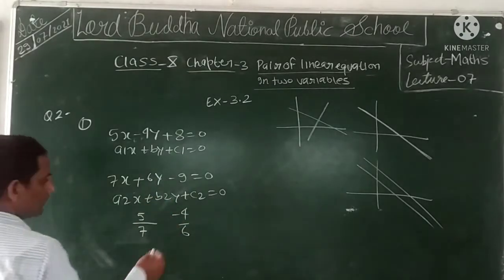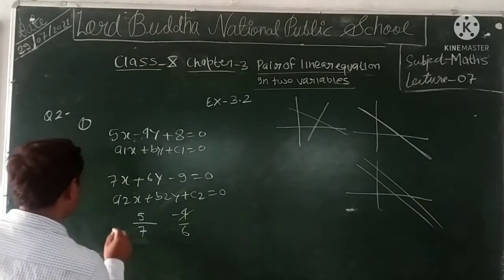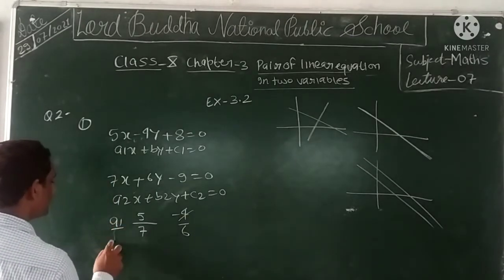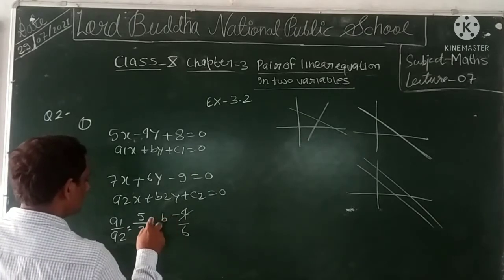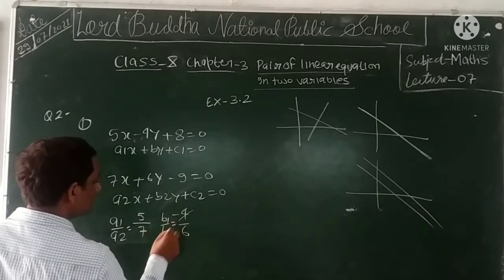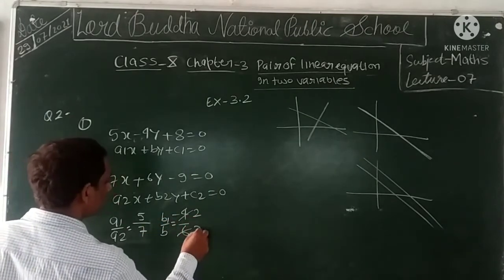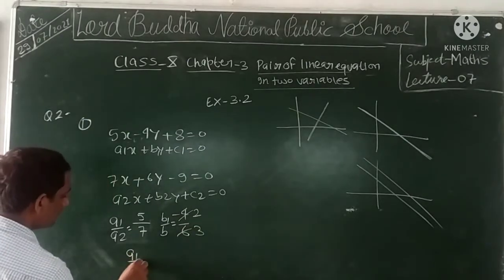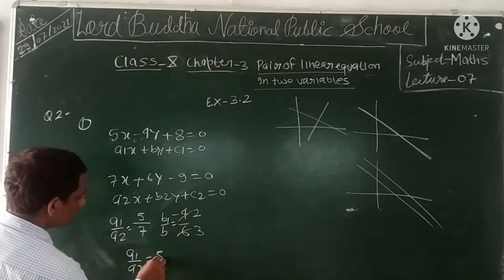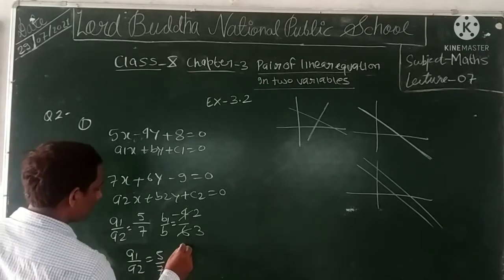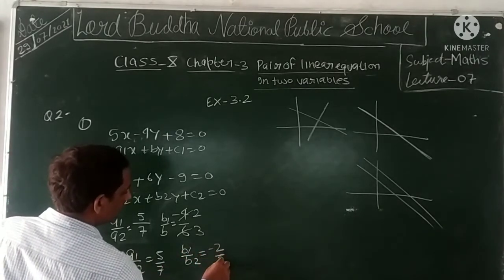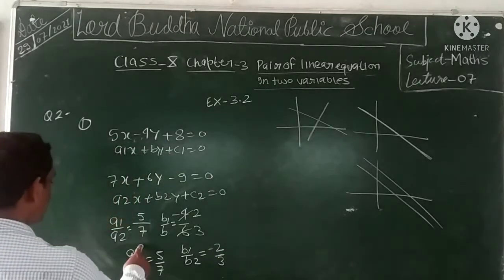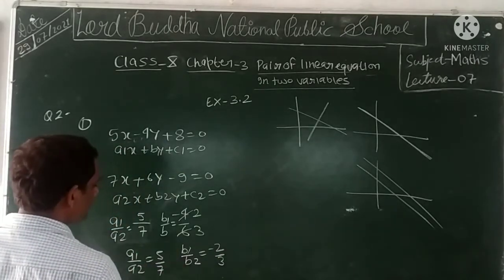We can write this as A1 upon A2 and this as B1 upon B2. Two 2s are 4, two 3s are 6. We see that A1 upon A2 equals 5 upon 7 and B1 upon B2 equals minus 2 upon 3. A1 upon A2 is not equal to B1 upon B2.